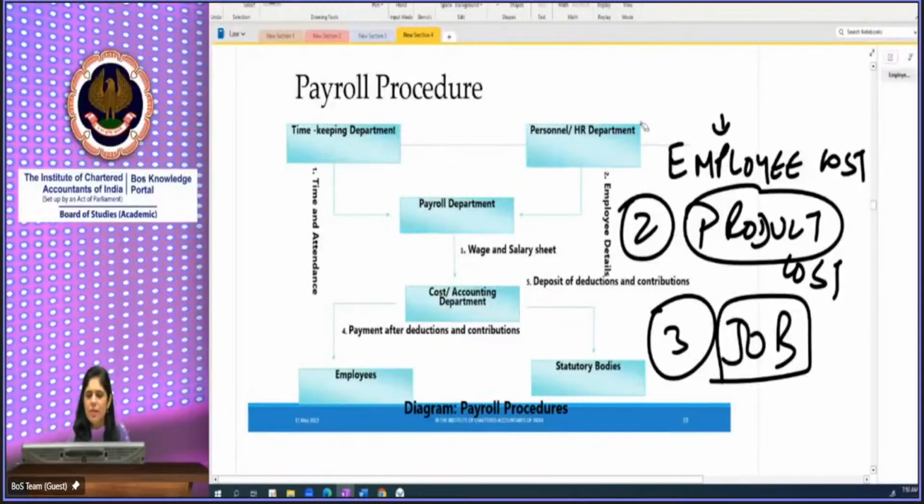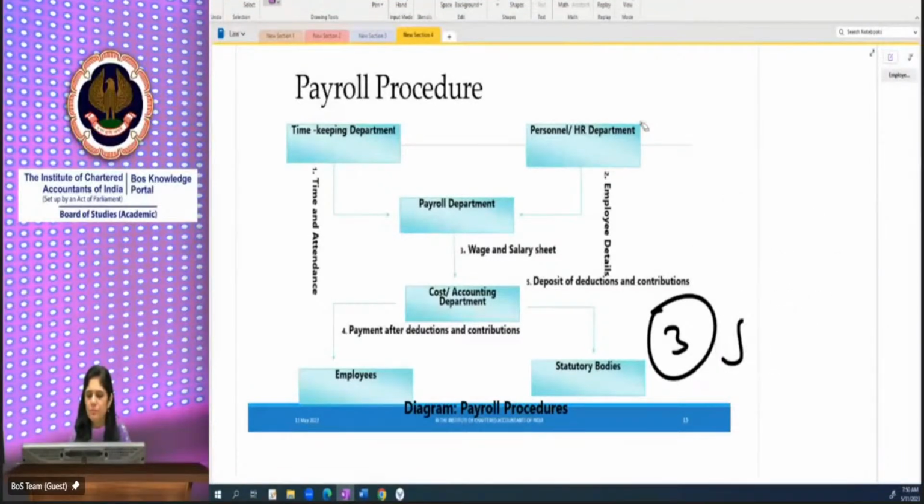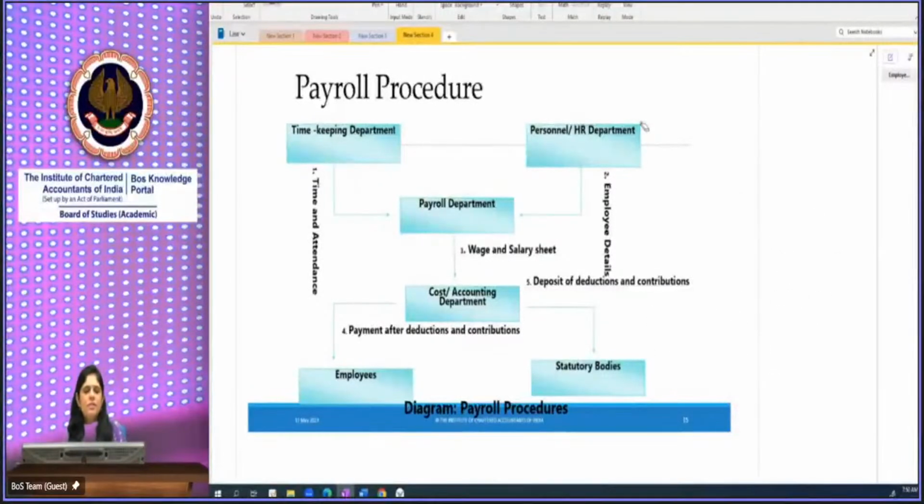So let us understand the payroll procedure now. Timekeeping department, what happens? The first step is the timekeeping department. To calculate the salary, we require time or attendance into rate of salary.